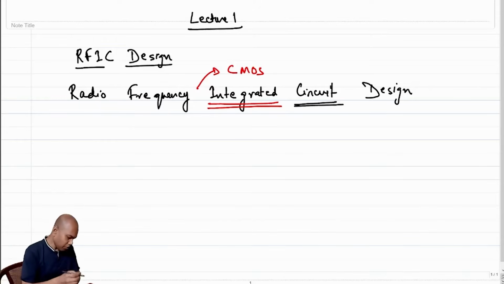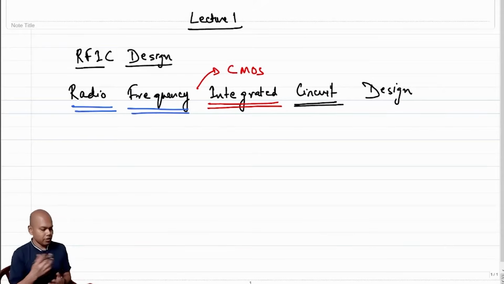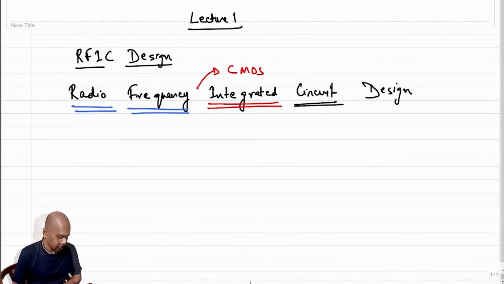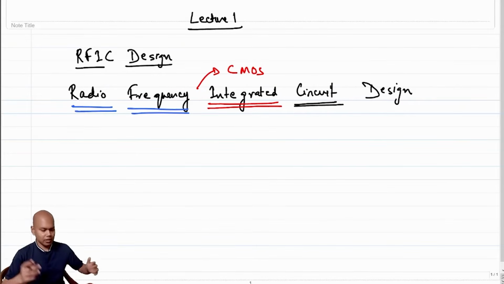Okay. Now, what about the other two terms? What about radio frequency? Radio frequency refers to the fact that we are talking about a certain range of frequencies, right? A certain range of frequencies which are of a much higher frequency than whatever we speak, right? Radio frequency typically refers to a few kilohertz to few gigahertz frequency range, right?